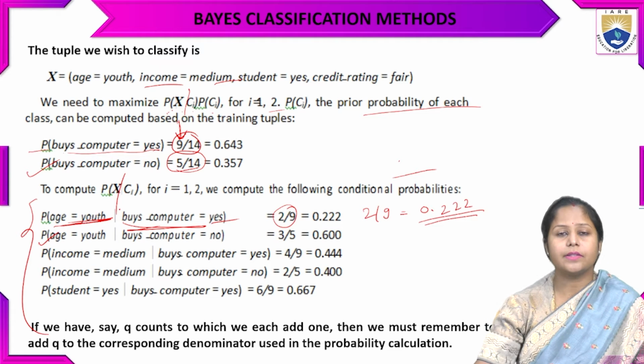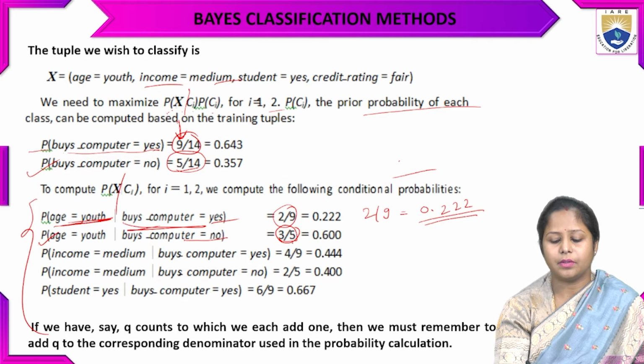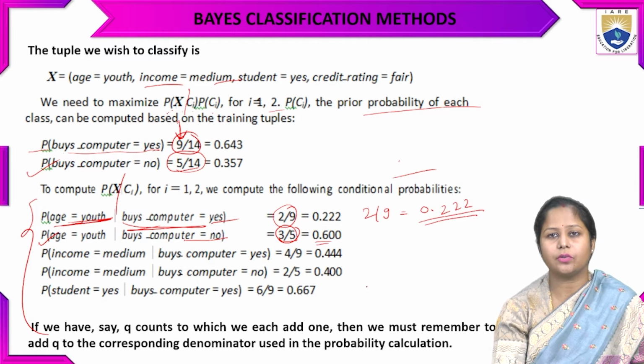When P(age equals youth | buys computer equals no), the value will come as 3 upon 5, equal to 0.600.